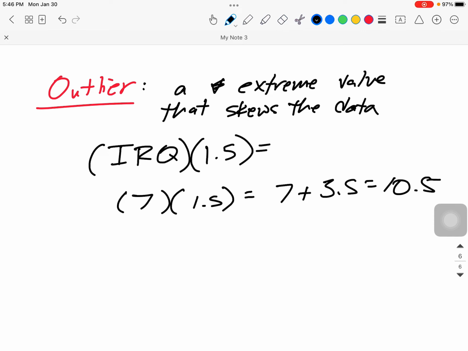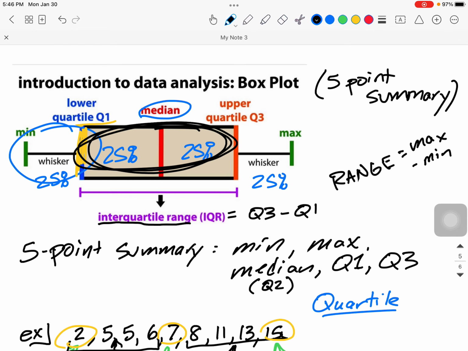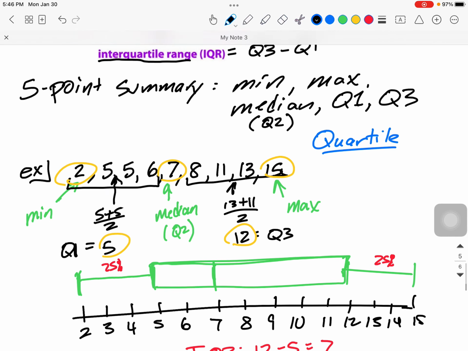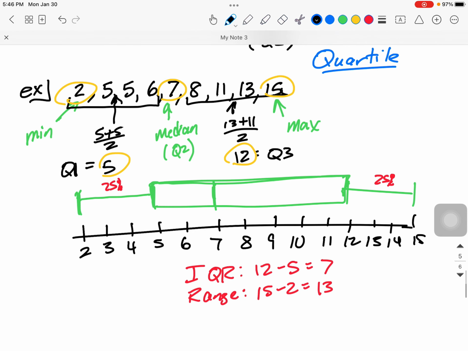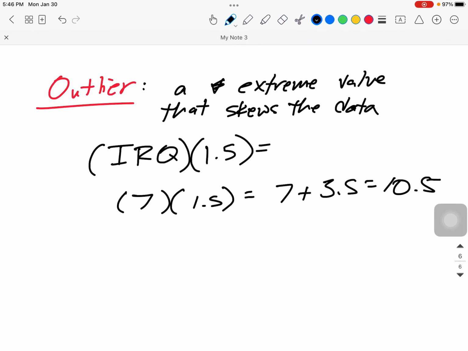And so what that means is if we go to our box plot, if you look at our quartile 1 position, which is 5, and our quartile 3 position, which is 12, the formula works like this.